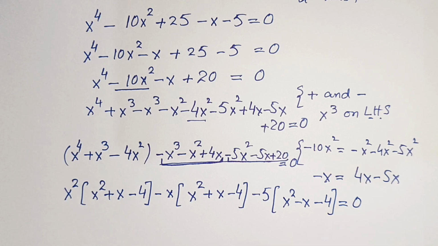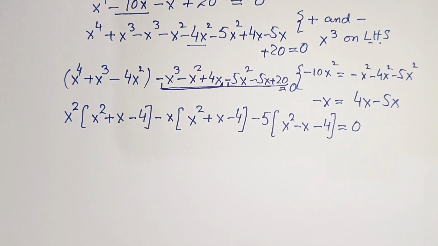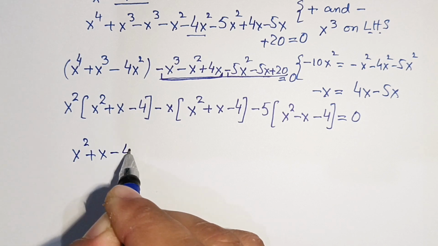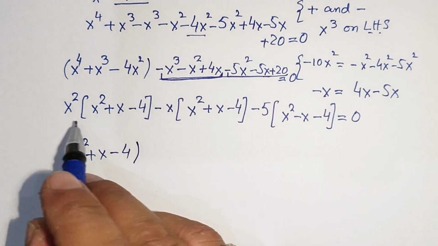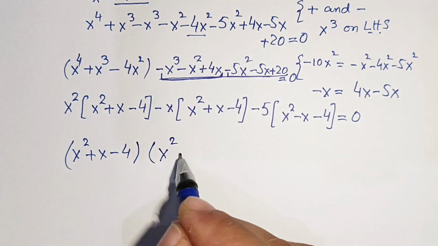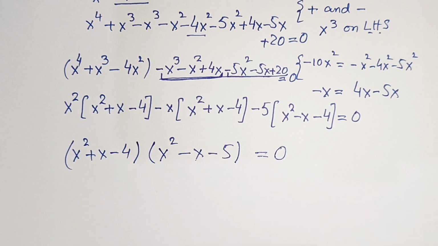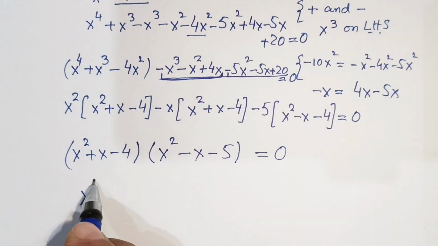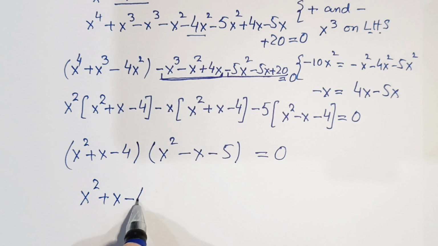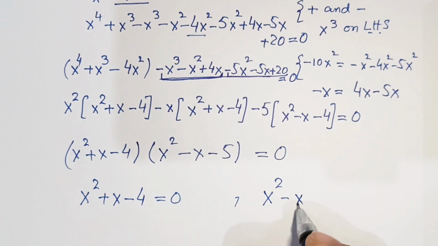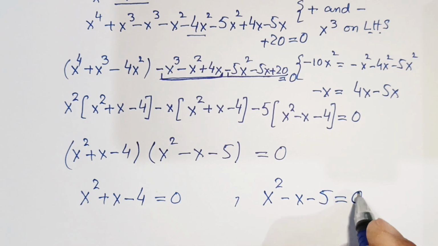Now x squared plus x minus 4 is a common factor, so we take it out, and we get x squared minus x minus 5, which is equal to 0. Now we have two possible cases: x squared plus x minus 4 is equal to 0, and the next one is x squared minus x minus 5 is equal to 0.